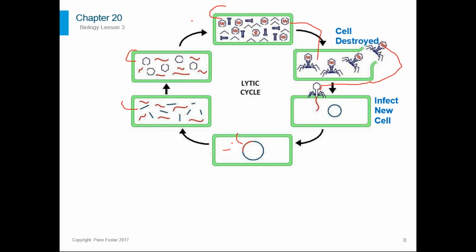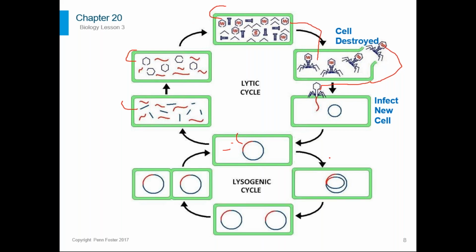A lysogenic cycle is a little bit different. In the lysogenic cycle, the DNA of the virus just becomes part of the DNA of the host, and then the host just keeps reproducing and making new host cells that have the virus in them. The cell splits apart into two cells, and each cell has this chunk of viral DNA in it.